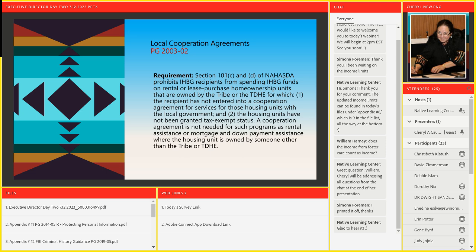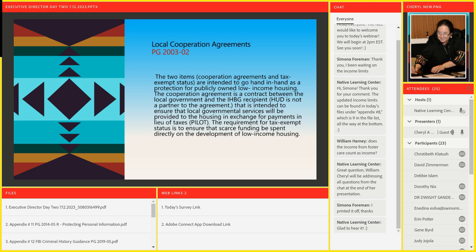So the recipient has not entered into a cooperation agreement for services for these housing units with the local government, and the housing units have not been granted tax-exempt status. A cooperation agreement is not needed for such programs as rental assistance or mortgage or down payment assistance, where the housing unit is owned by somebody other than the tribe or the TDHE.